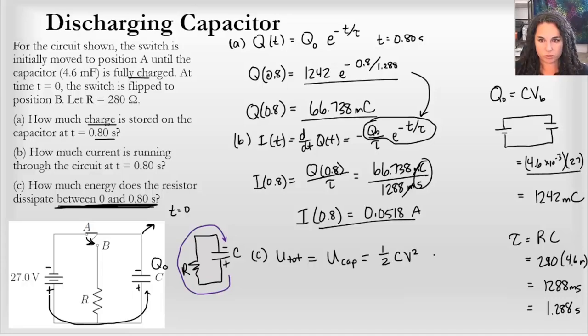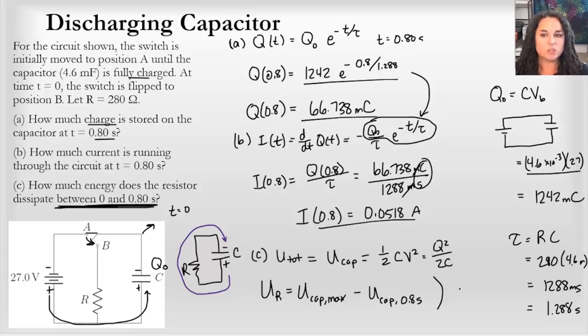1/2 CV squared. I could do it that way, or I could do a Q squared over 2C. That might be okay because I have a Q value. I'm going to note that the capacitor's stored energy has a maximum value, and the energy dissipated by the resistor, U resistor, has to be U cap total, or max, the maximum energy stored by the capacitor when it was initially charged, and then it has to be subtracted by how much it has at 0.8 seconds.